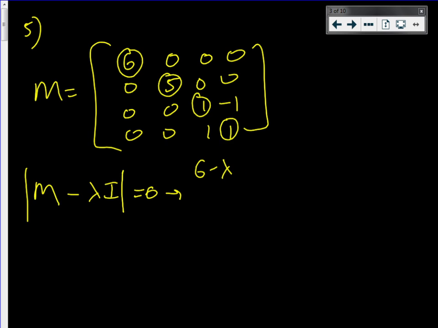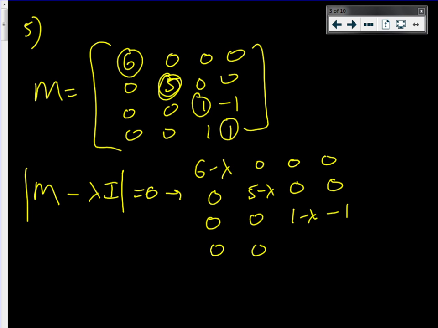Triple 0, 0. I'm going to take away lambda from that one. 5 minus lambda. Don't touch the other entries. 0, 0. The 1, I'm going to take away lambda. The next entry is negative 1. 0, 0, 1. That diagonal entry, I'm going to take away lambda. And I want this determinant to equal 0.